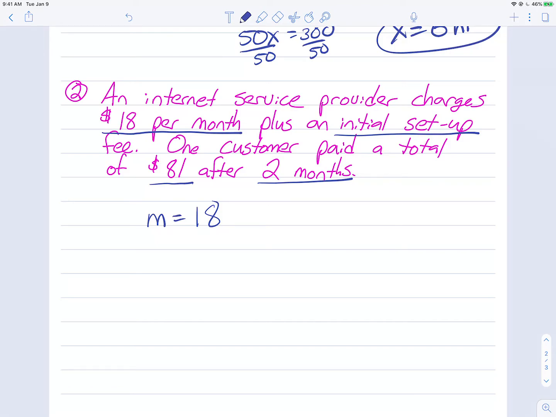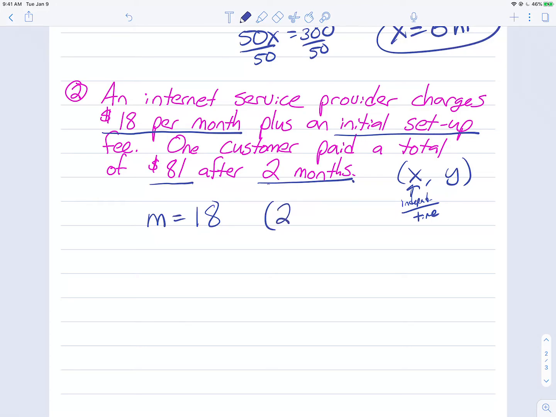We also have a piece of information that they paid $81 after 2 months. So in terms of x comma y, x is always the independent variable. It's the one that's going to happen no matter what. And the thing that's always going to happen no matter what is time. Time likes to happen whether we like it or not.